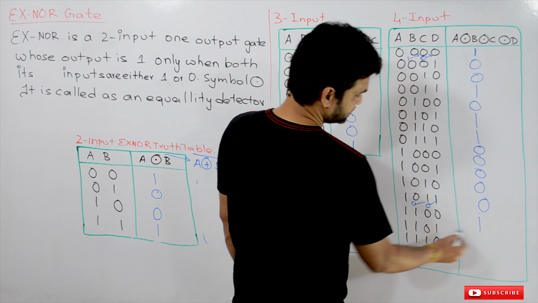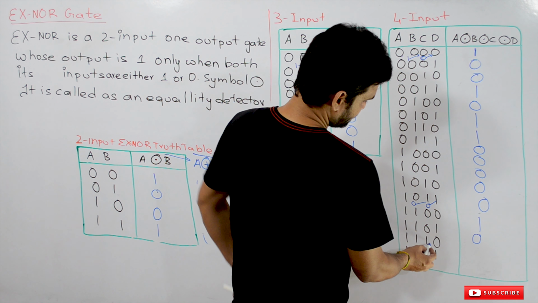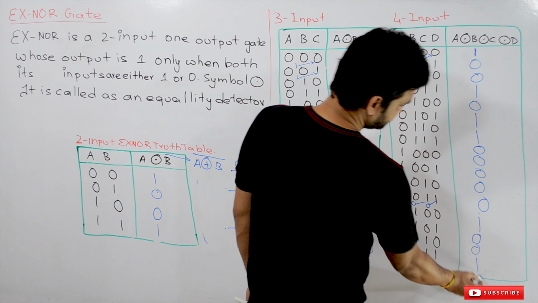So it is a 0, and this is a 0, this is a 0, this is a 0, this is a 1.